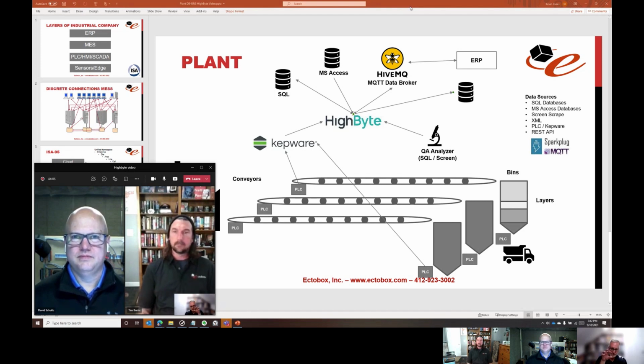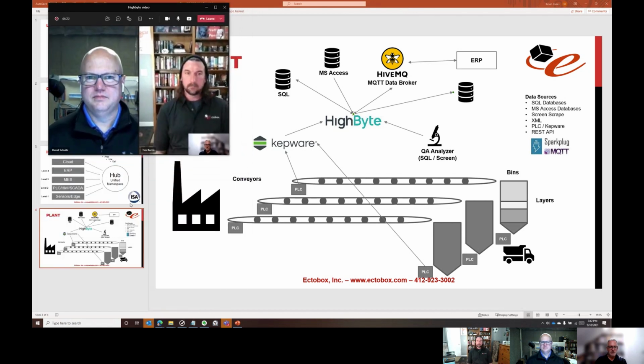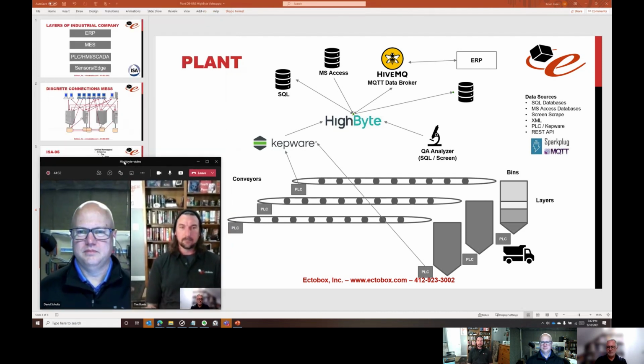But we have replaced the previous system, right at the center where there was all this spaghetti of connections, with a single system with a very clean architecture, using this hub idea with the MQTT data broker, and using the unified namespace, with the layers of the solution here, and made this incredibly flexible, such that it doesn't take that much work for somebody to start pulling off data and using it however they want.